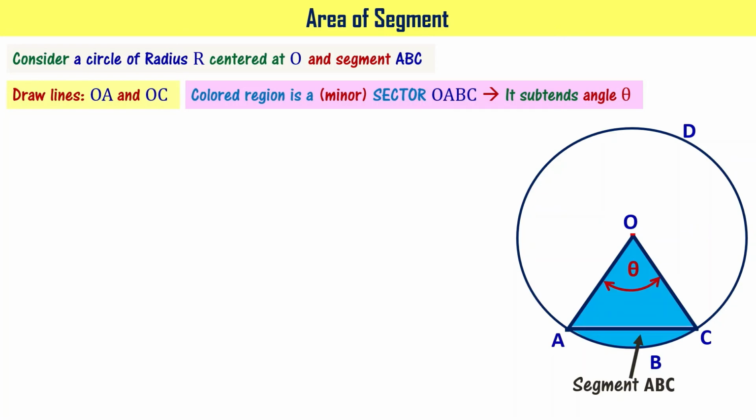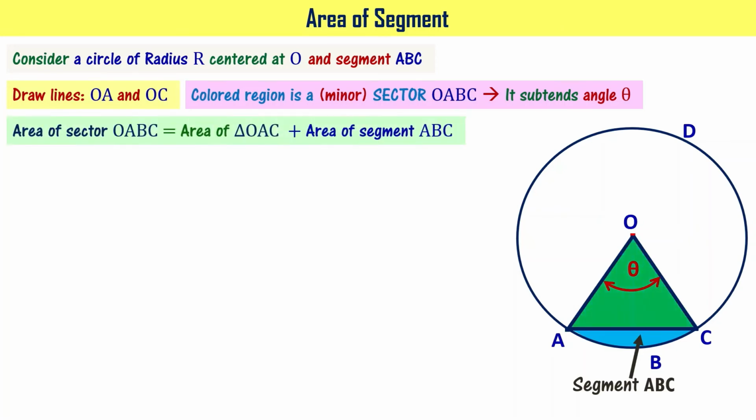It is subtending an angle theta at the center of the circle, right? Area of sector OABC can be written as area of triangle OAC plus area of segment ABC, right? This is what you see from the figure, right? Triangle is shown using green color and segment is shown using blue color, right?